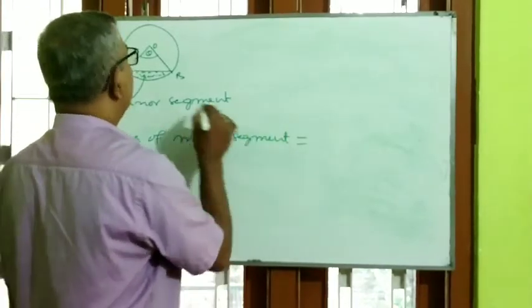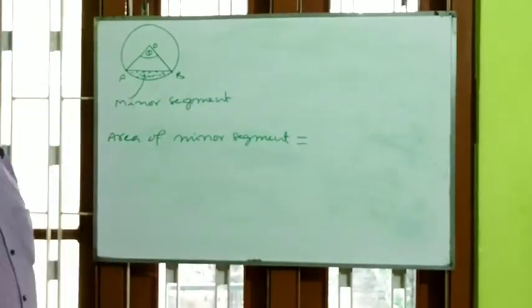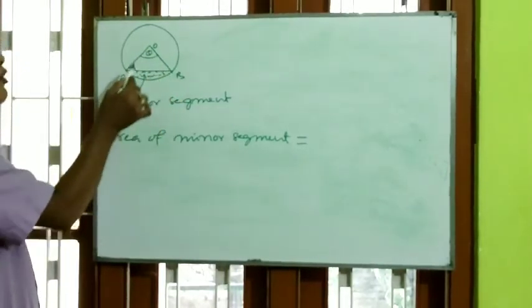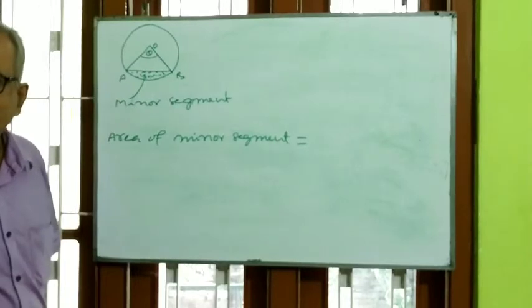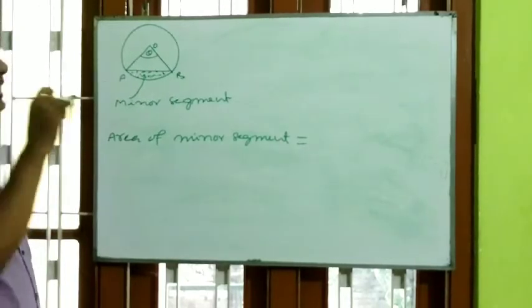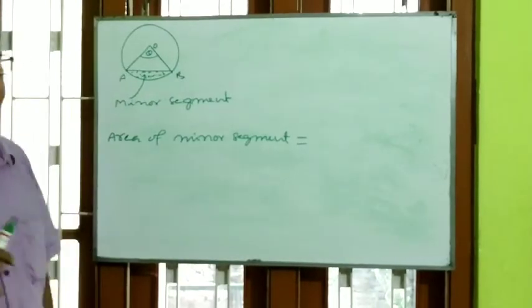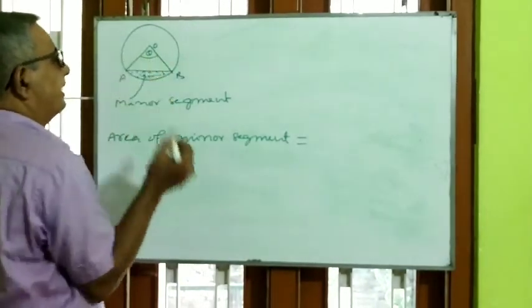is equal to, here you see the technique. You find the area of the sector and from the area of the sector you subtract the area of the triangle. So this is the triangle.